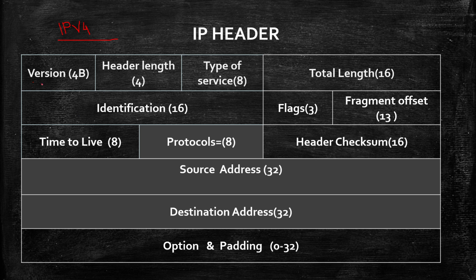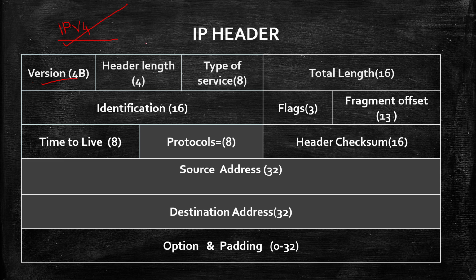First is the version. Version means which version we are using for transferring the data. First we are using IPv4, so the version is IPv4. Then header length is only the header length.